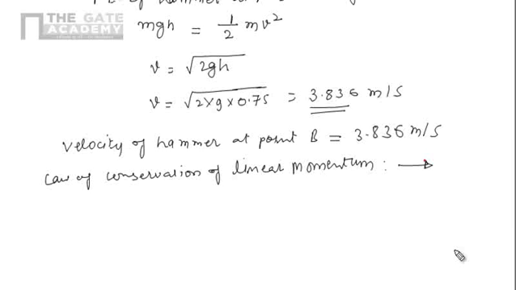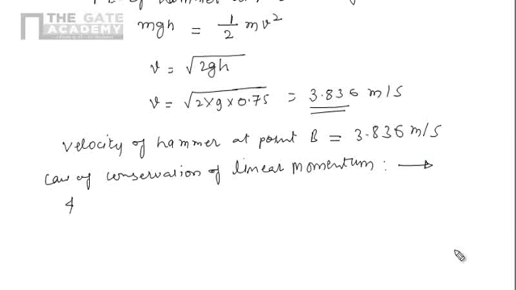So in this problem at point B, we have to see the velocity of the pile and hammer before collision and after collision. Before collision, the pile is at rest, so its velocity will be 0, but the hammer has a velocity of 3.836.